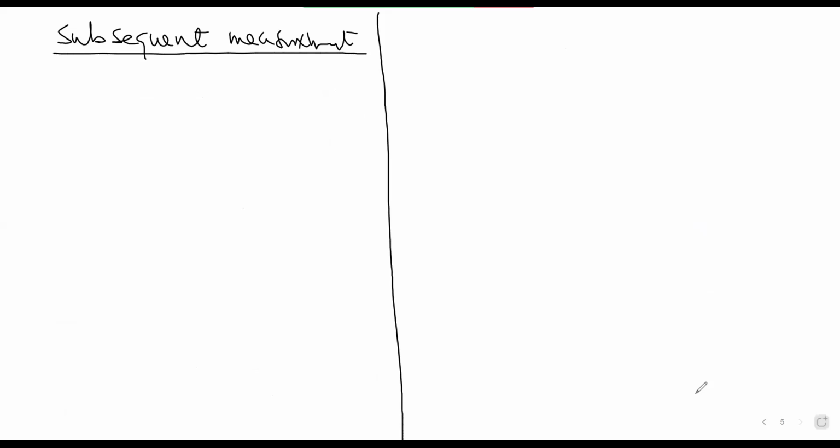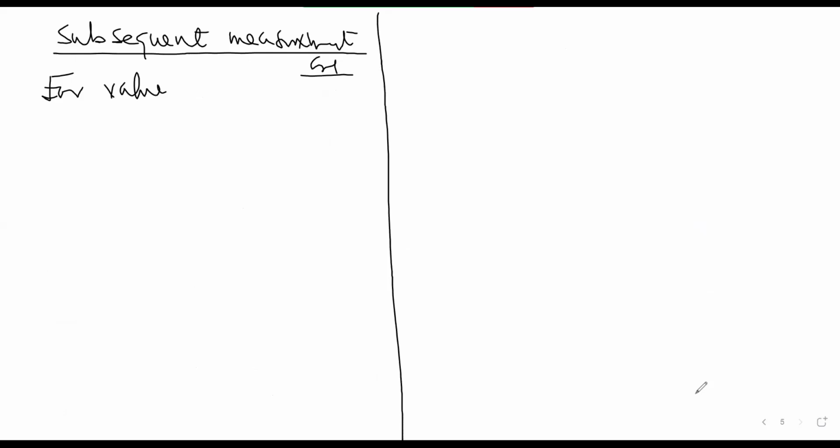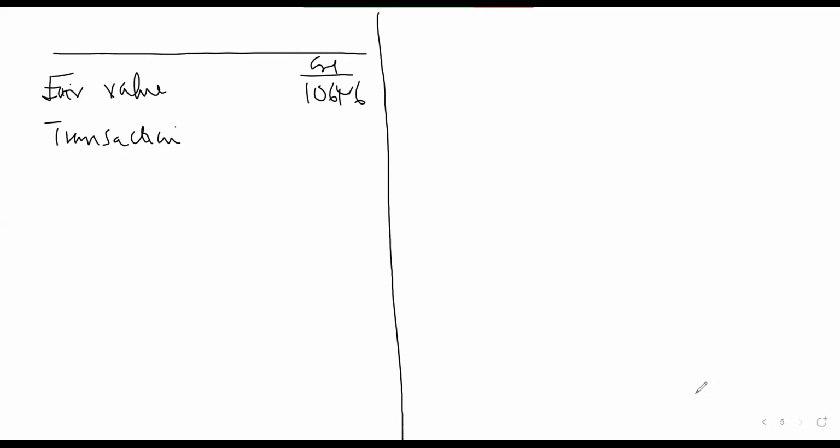Okay, so we have the fair value of the debt, and that is going to be 1064.6. Then we have the transaction cost for them. Okay, so let me just look at initial recognition here. So not subsequent.